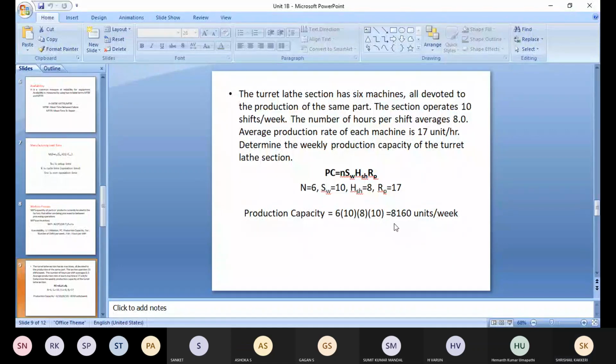Or within the second question itself, explain the limitations and advantages of different types of automations. Yes, the same question, number 2 only.